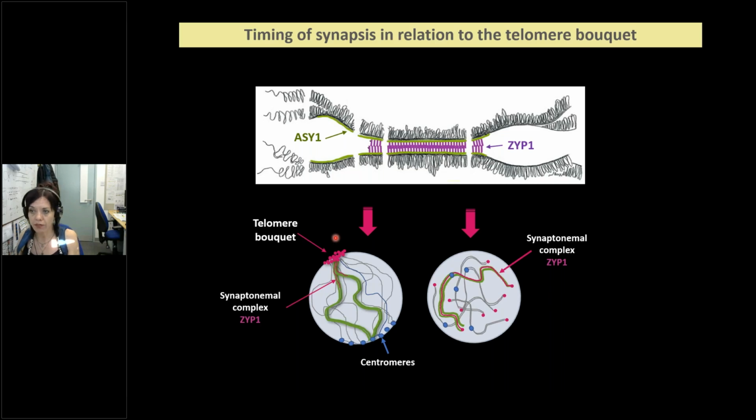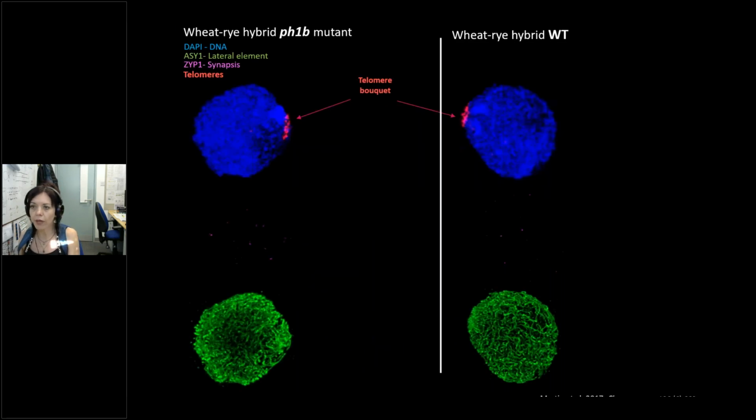This bouquet persists for a while until quite a lot of synapsis has happened, and then the telomeres disperse. So I combined the immunolabeling of ASY1 in green, ZIP1 in magenta, and the labeling of the telomeres in red. And then we realized something really interesting, which is that in the wheat-rye hybrids, independently of Ph1, there was no synapsis during the telomere bouquet.